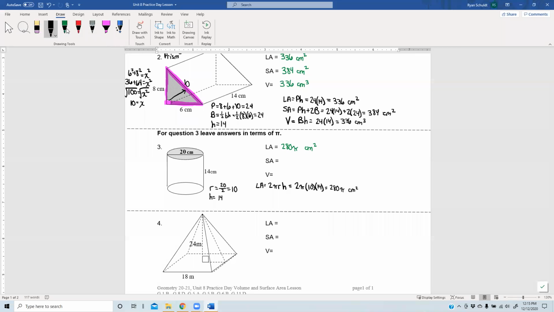Then we need total surface area. So 2 pi RH plus 2 pi R squared. So 2 pi times 10 times 14 plus 2 pi times 10 squared.